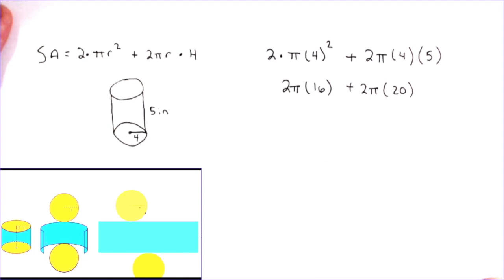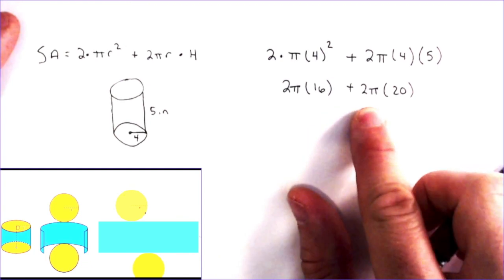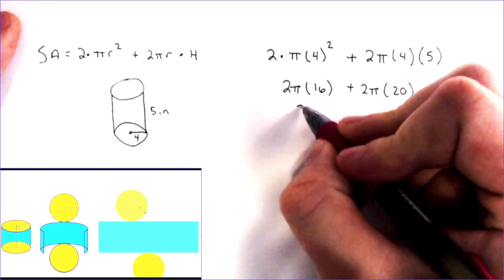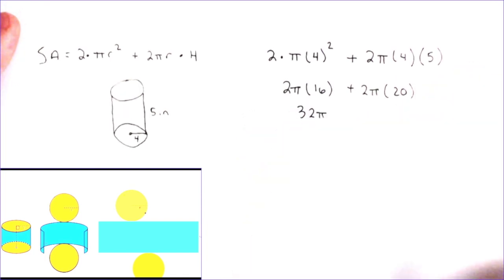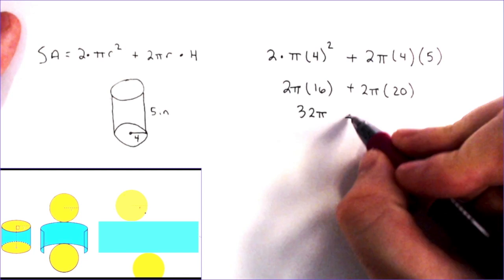Okay? If you've done it correctly in this first step, you really only have a 2 pi here and a 2 pi there. And when you multiply 2 and 16 together, you end up with 32 pi. And 2 and 20 together, you end up with 40 pi.